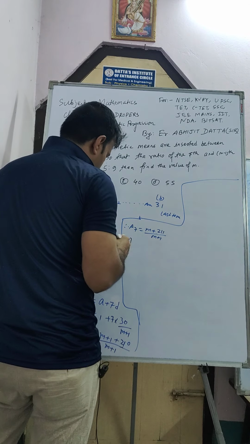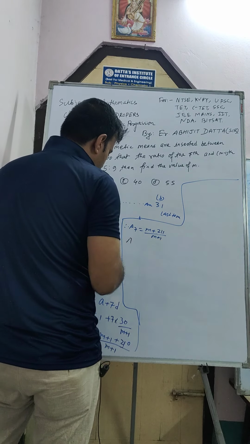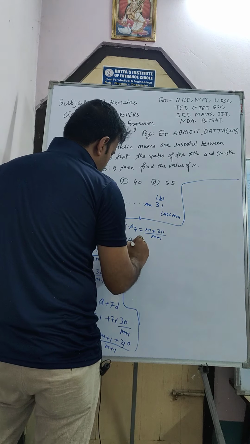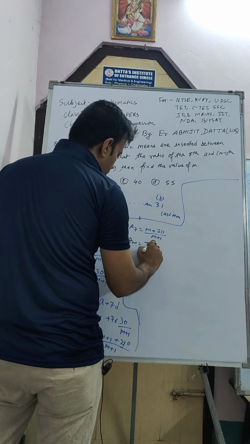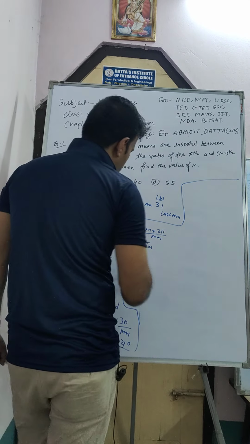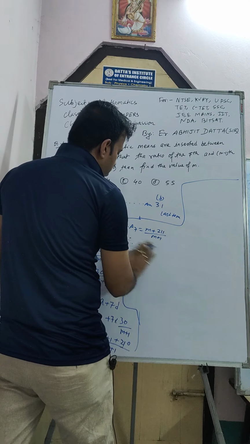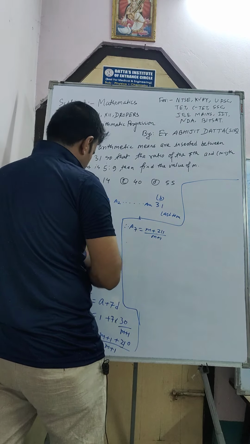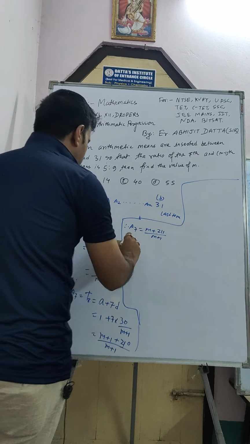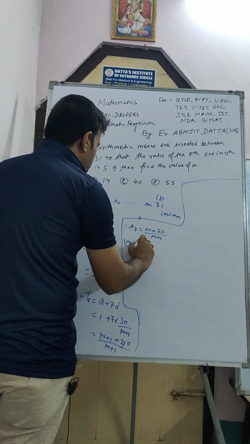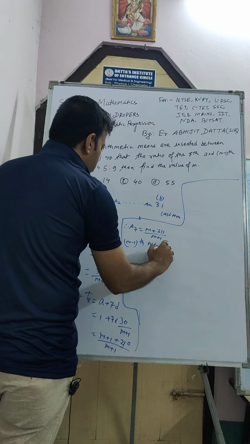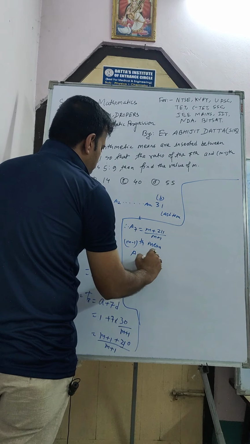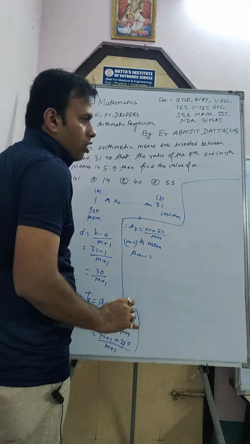Now am equal to tm. The mth mean means m minus 1 means. This one is the 7th mean, is it not? Now the m minus 1th mean, a m minus 1, equal to how much?